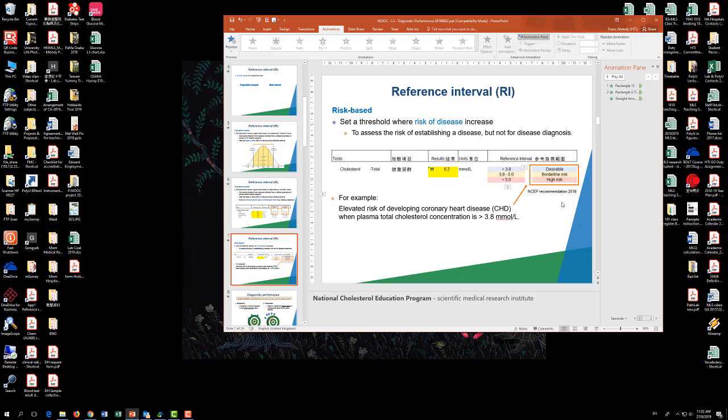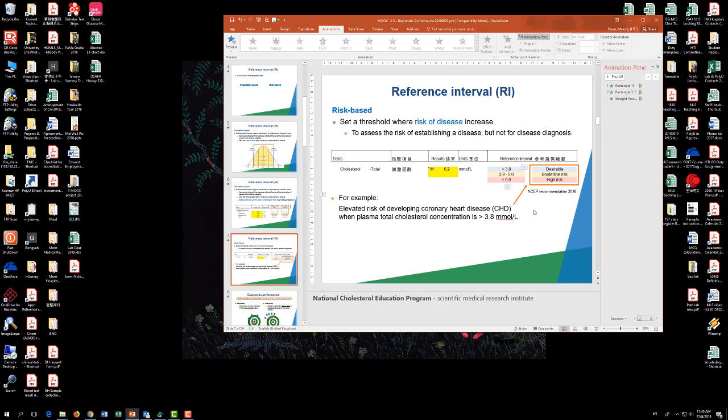So the reference interval will show the desirable level, the borderline risk, and the high risk level. Total cholesterol is a risk assessing test. The reference interval shows the relative risk of different levels of cholesterol.